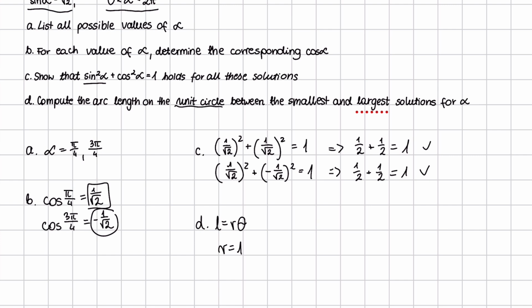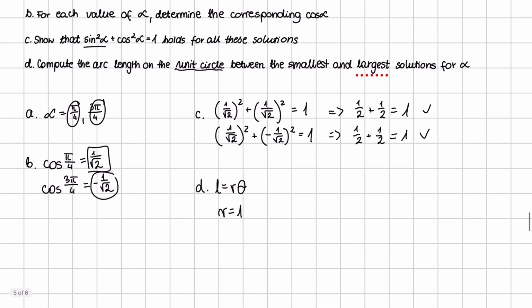So the smallest solution for alpha is this, the largest is this one, so we have to subtract from the largest the smallest, so 3 pi over 4 minus pi over 4, so we are left with 1 over 2 pi.